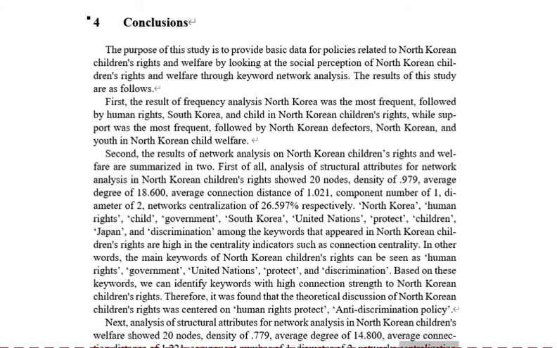Second, the results of network analysis on North Korean children's rights and welfare are summarized in two parts.